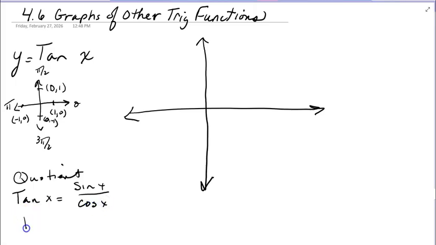So that means tan x, when we relate that to the x and y values on a unit circle, we're looking at y over x. So that's important. You want to think of it as y over the x value.